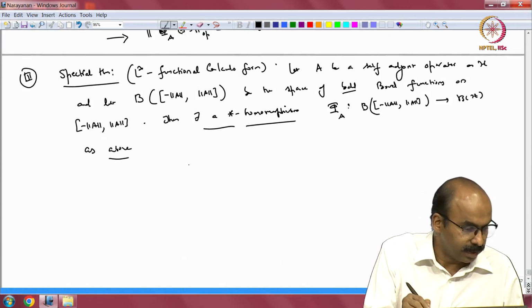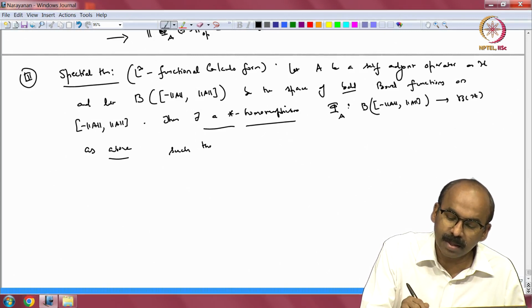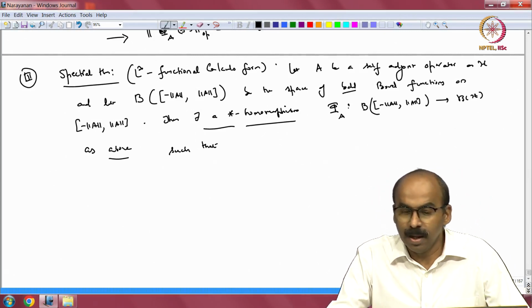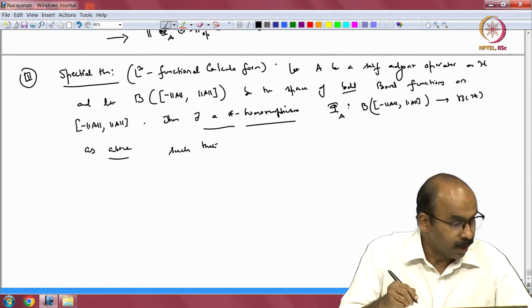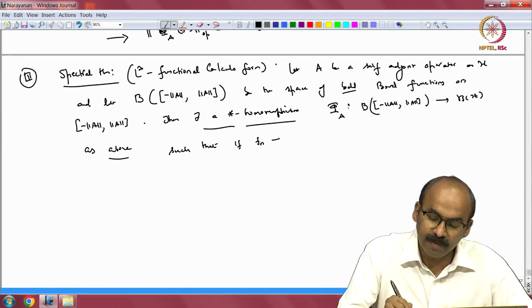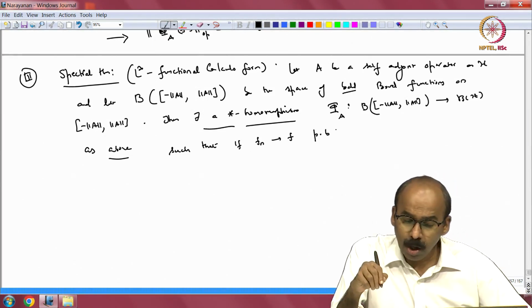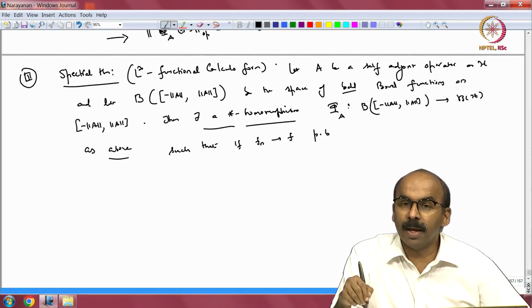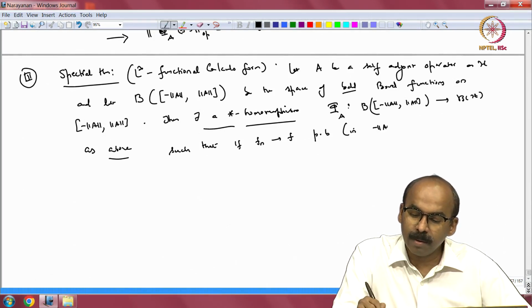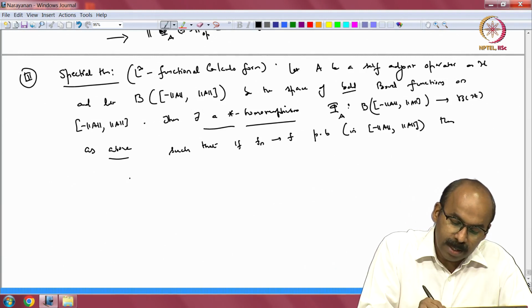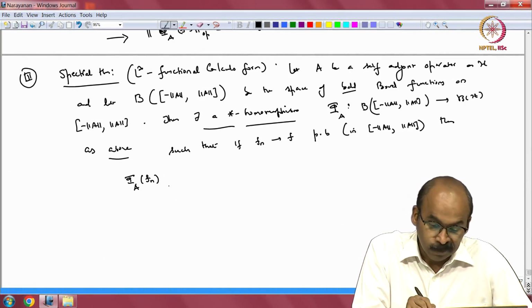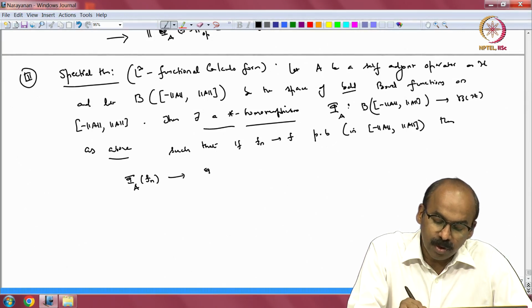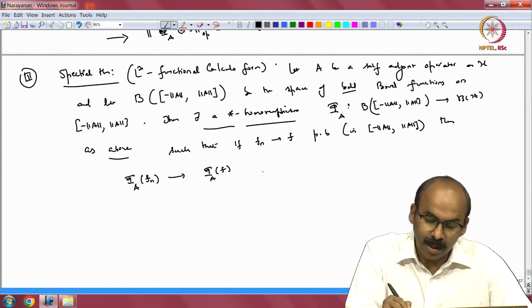Those three conditions, and we have an extra thing here: if f n converges to f pointwise and bounded, of course in the interval minus norm A to norm A, then the images, phi A of f n, the bounded operators associated to f n, will converge to phi A of f, the other operator, in the strong operator topology.